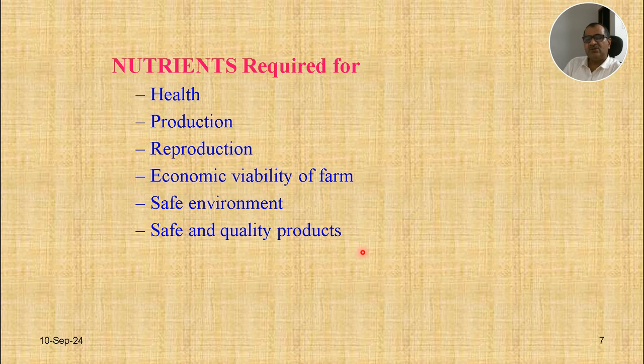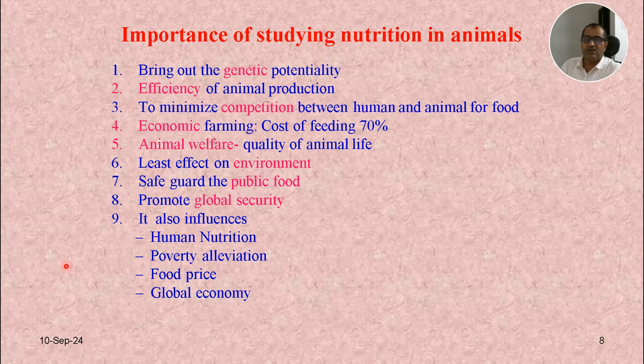So hence the nutrients are required for all these above criteria, which is one of the important things we need to discuss in the next chapters. So why do we need to study nutrition? Why can't we simply jump on to the pharmacology or the diseases or the control and prevention measures? Yes, this is a big question everywhere.